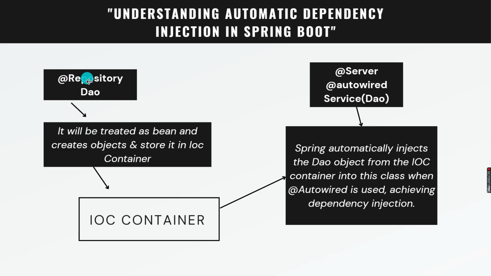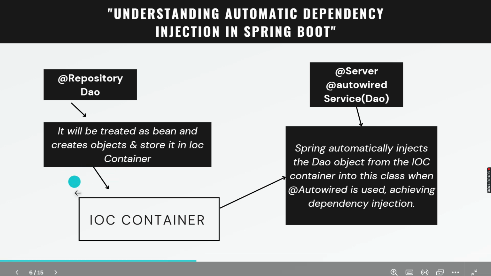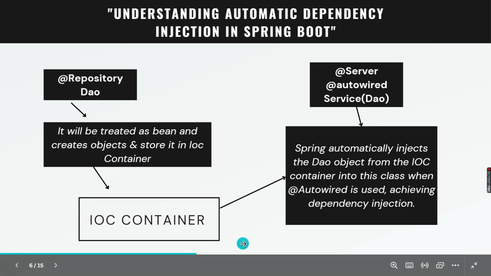So at @Repository DAO, when it sees @Repository, it treats it as a repository layer, and then it will be treated as a bean, and it creates the objects and stores them in the IOC container.